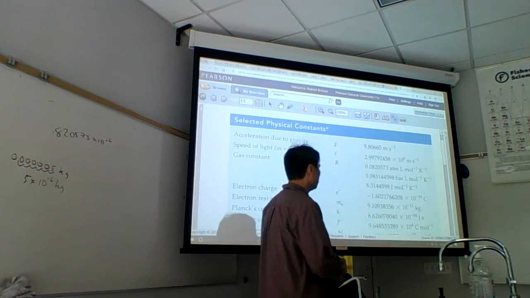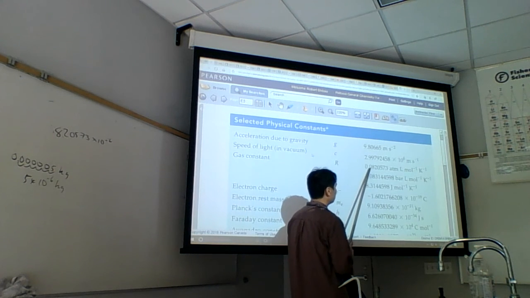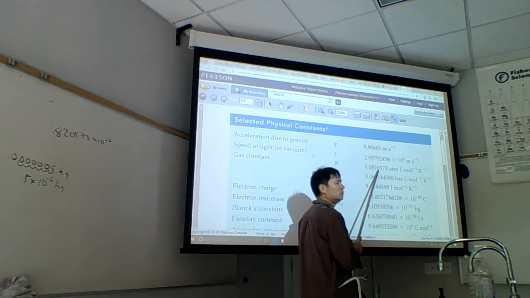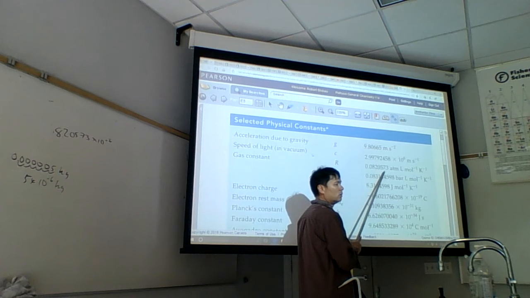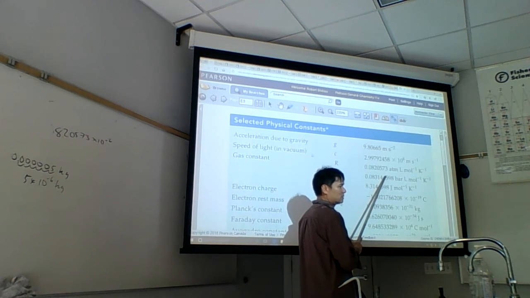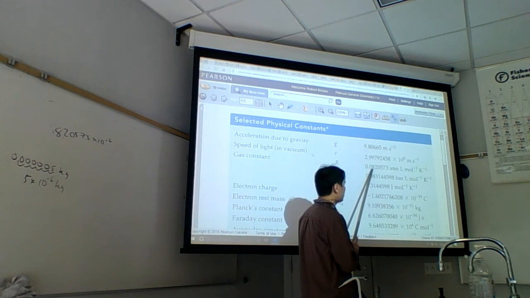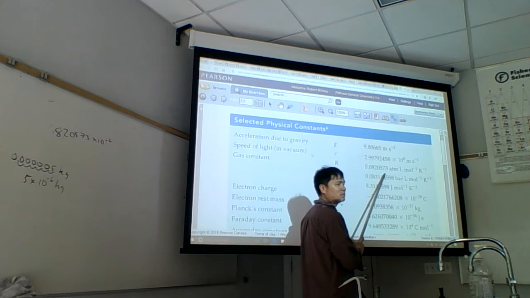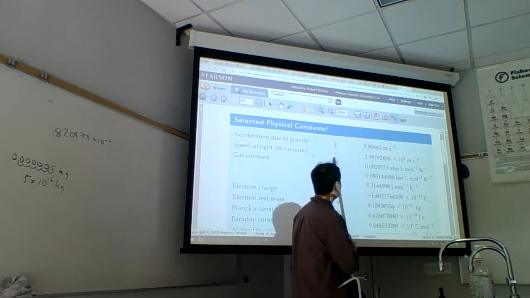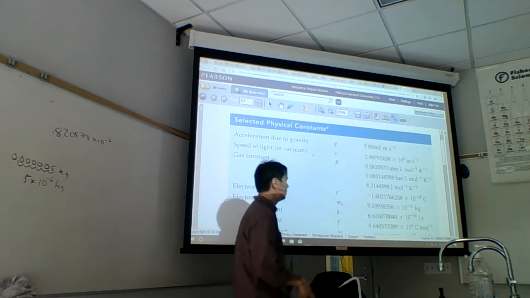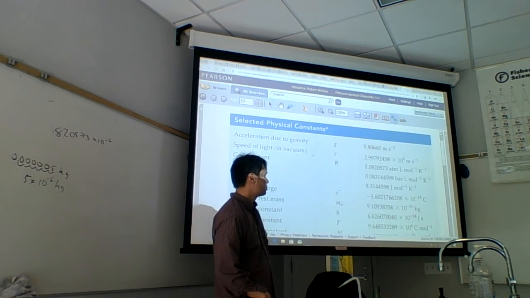But something like 0.08 does. So it's going to be 0.0820 6. And so if you're going to memorize this, memorize it to 0.08206. This number turns out to be extremely useful. Extremely useful.